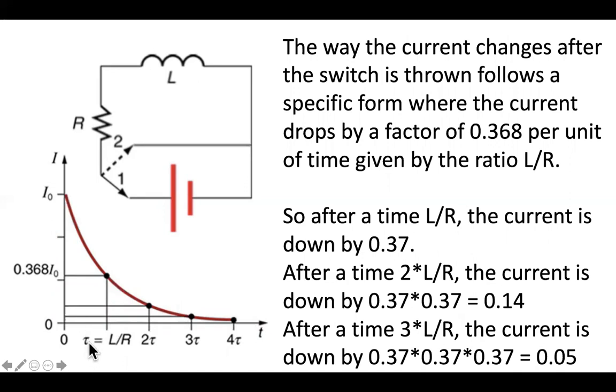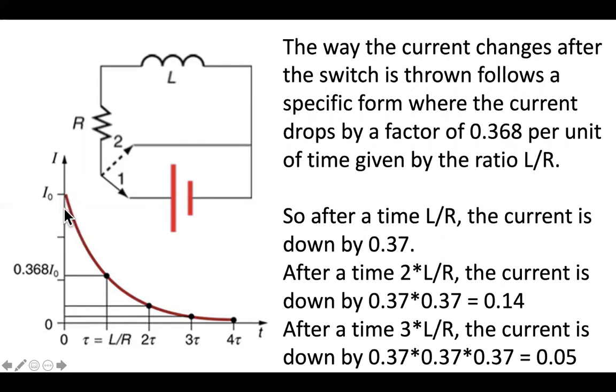Tau is given by the ratio of L over R, the ratio of the inductance to the resistance. That has units of time because inductance is ohms seconds, and dividing by ohms gives you the right thing.